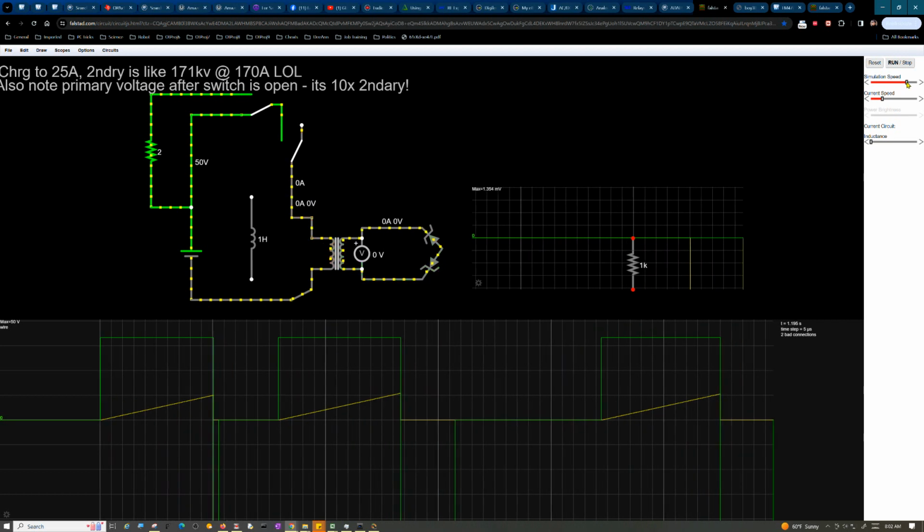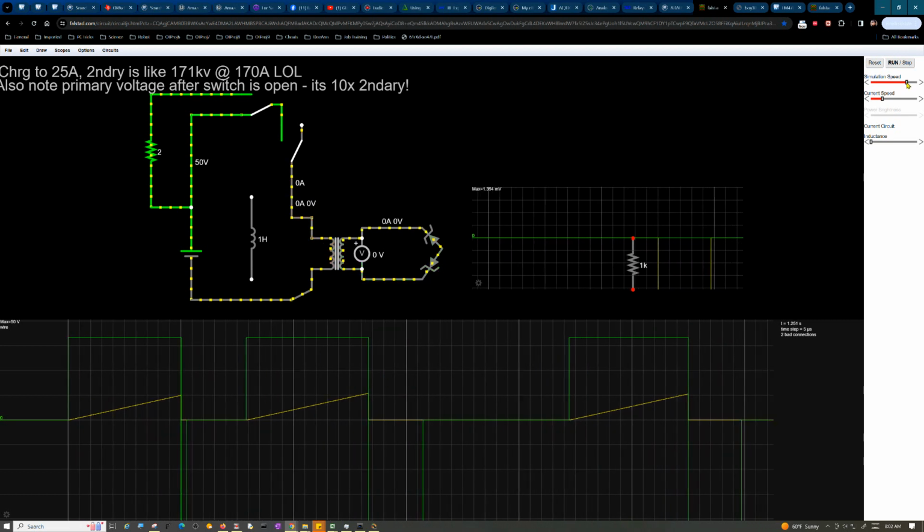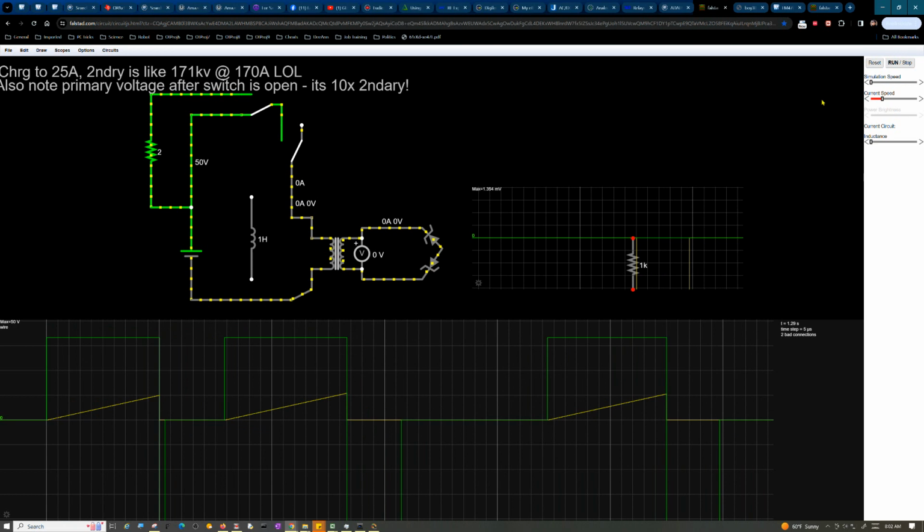Alright, yeah, how quickly it starts. Like I said, I don't know if this thing's simulated, because I'm not really doing this properly, and I don't really know honestly how you would simulate that, particularly in Falstad. You're really not seeing the current waveform properly.